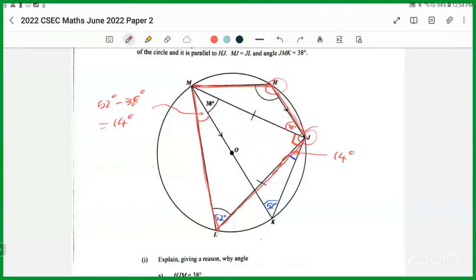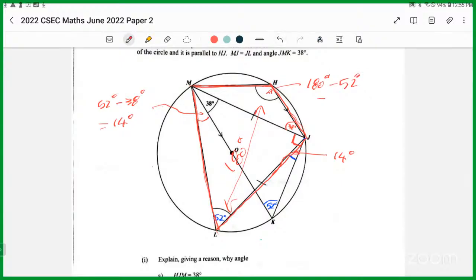So it is cyclic. So these two opposite angles add up to 180 degrees. They are supplementary. Since this one down here is 52, then the one up here is 180 degrees minus 52 degrees.